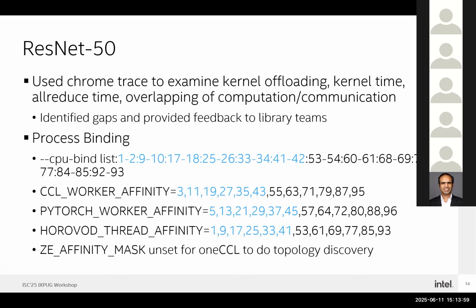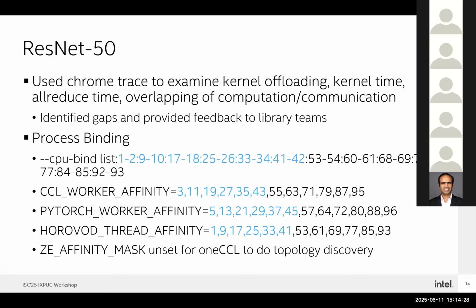For communication, initially we found there was overhead. There was overhead in copying the tensors from different locations to a buffer for communication. So that has to be optimized so that you can overlap computation with copying, and then when communication is performed, the data is always in the buffer. As I mentioned, like process binding, we use one rank per tile.